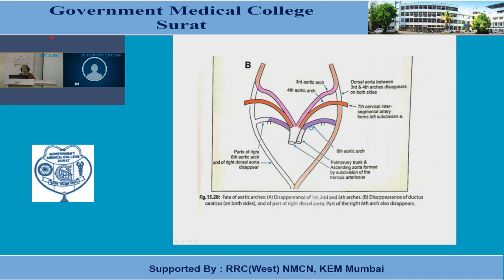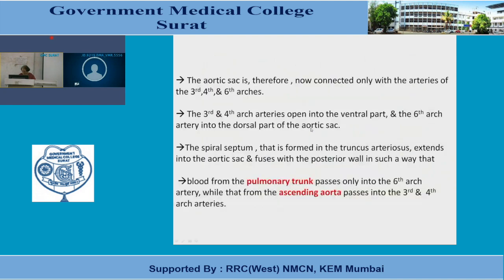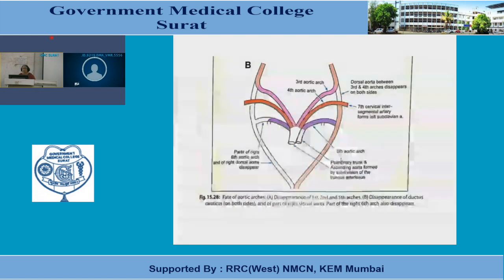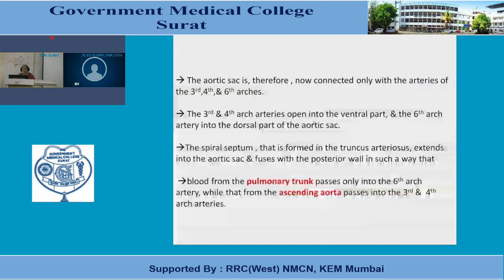Now what is indicated here is that the blood from the pulmonary trunk passes into the dorsal part, the sixth. So blood from the pulmonary trunk and the ascending aorta, formed by the subdivision of the truncus arteriosus, passes through the pharyngeal arches. So what is given here?